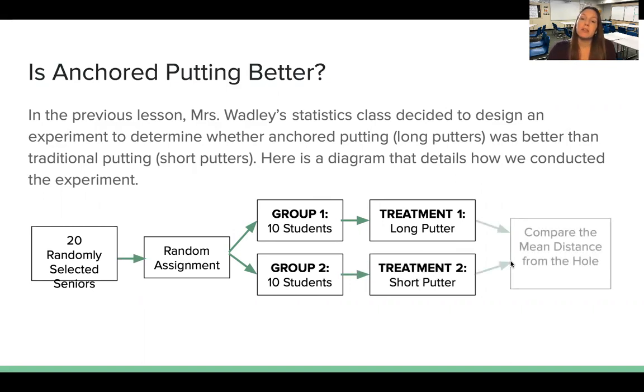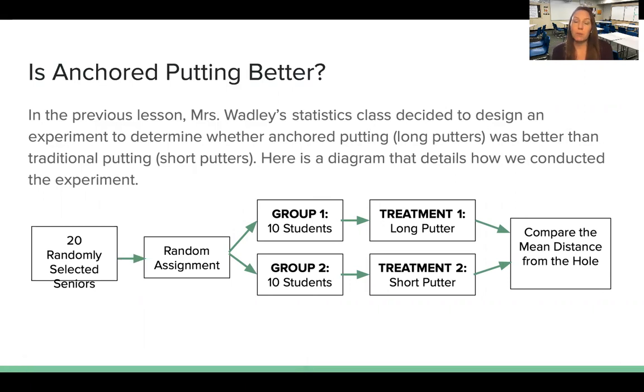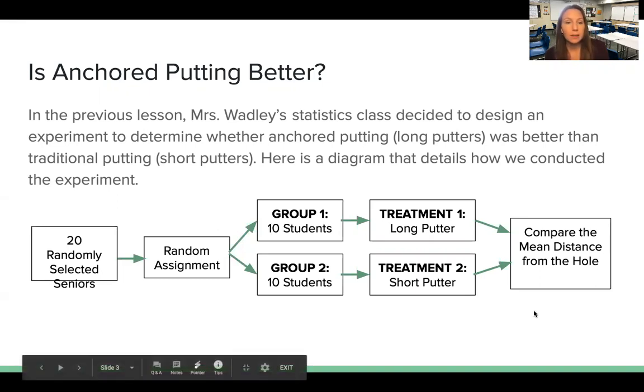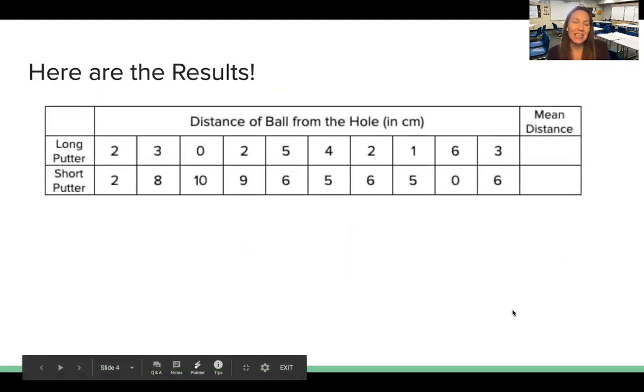To determine the results from our experiment, we decided to compare the mean difference in distance from the hole, so comparing the average distance the ball got to the hole after we putted. So here are the results. We have our data for the long putter and our data for the short putter.